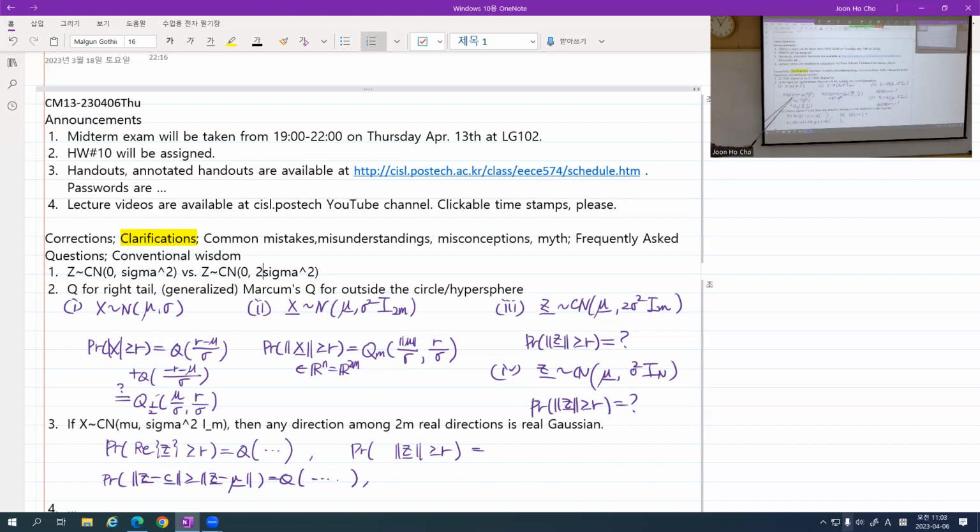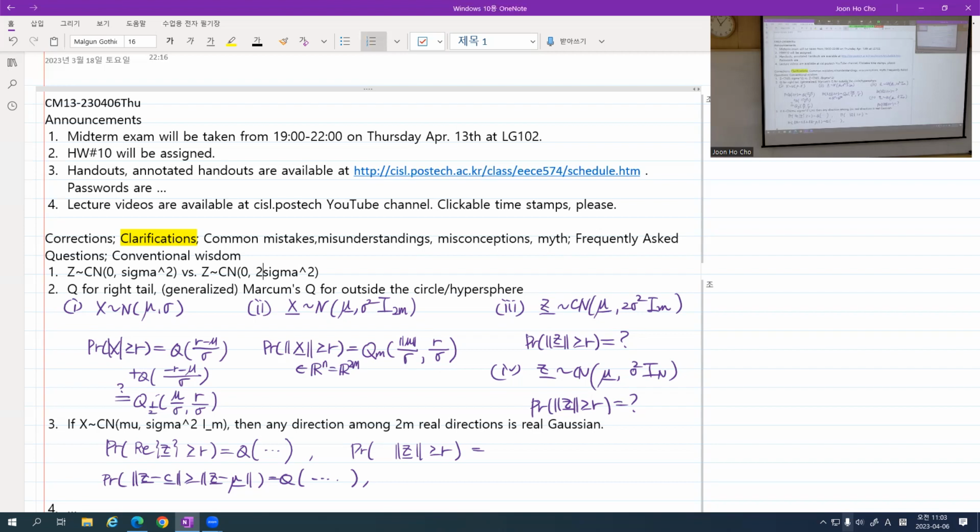If you visualize the density function of this x and the interval you are interested in, this event has 2 intervals. The right interval is related to Q of r minus mu, the mean, divided by sigma. Also, the left tail is related to that one.